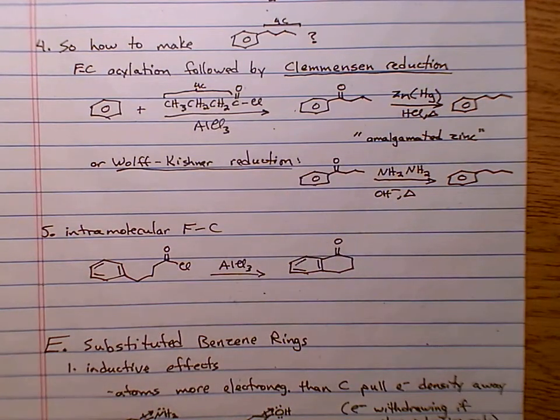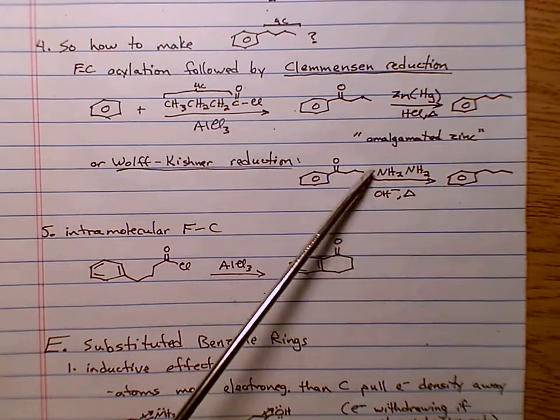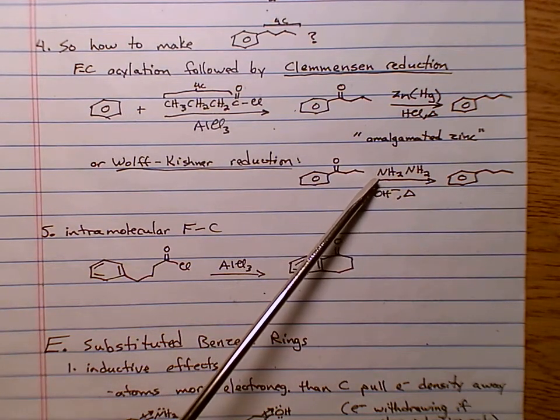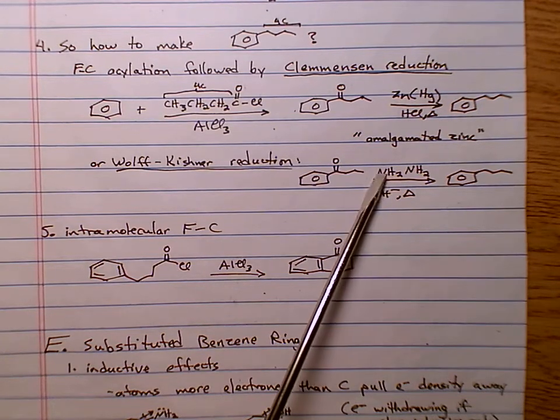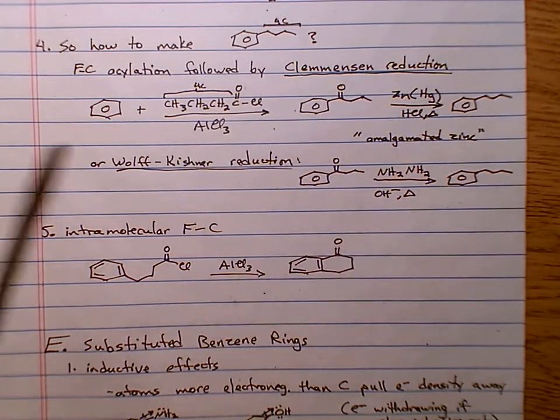NH2NH2 goes by the name hydrazine, and hydrazine is used as a component of rocket fuel, which means this stuff here is actually pretty dangerous. Not only is it dangerous as a rocket fuel, it's a really toxic compound. It's a nasty compound in itself. Very toxic.